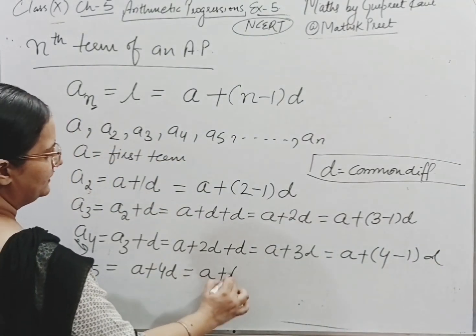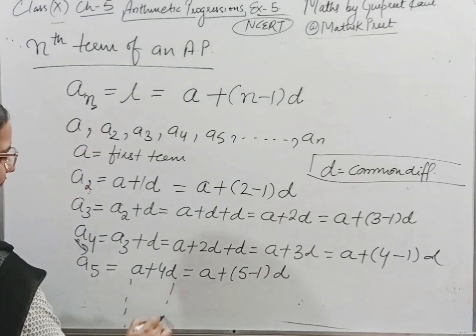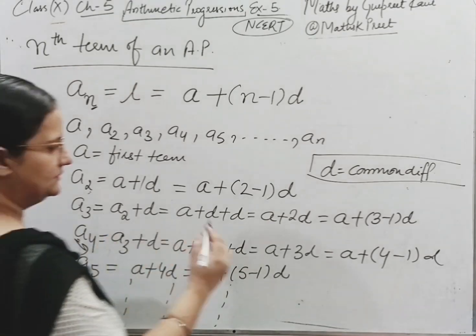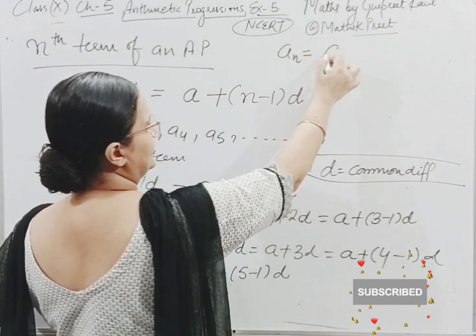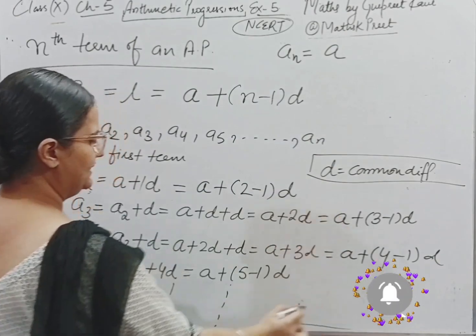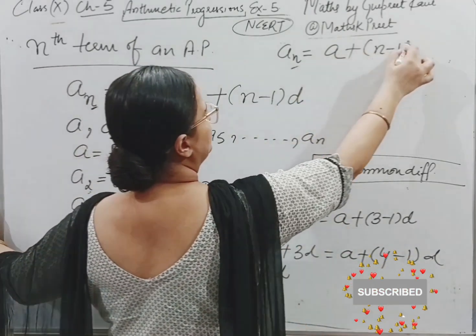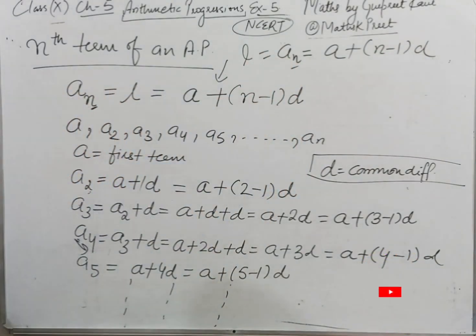A plus 4D can be written as 5 minus 1 into D. Now, proceeding this way, we will reach the nth term. The nth term can be written as A, as in all cases, plus n minus 1 into D. So this was the formula to calculate the last term of the given AP.